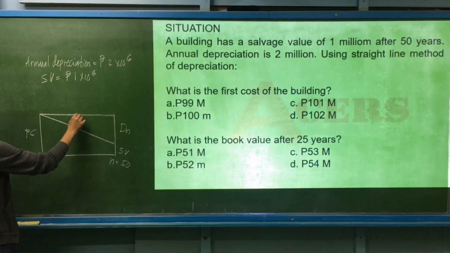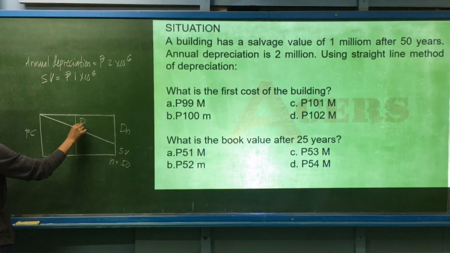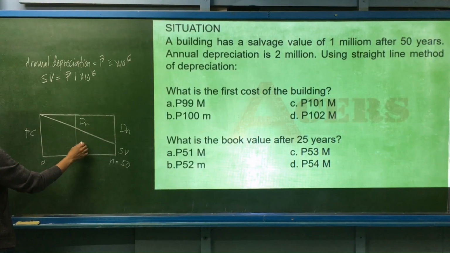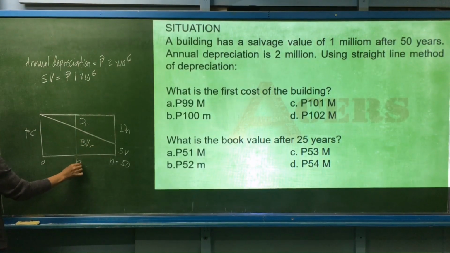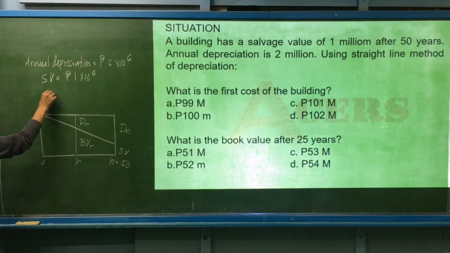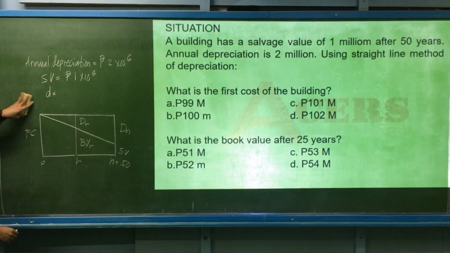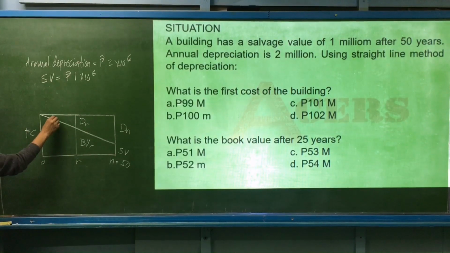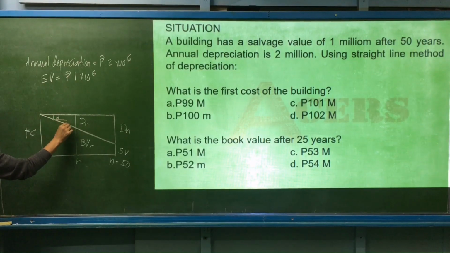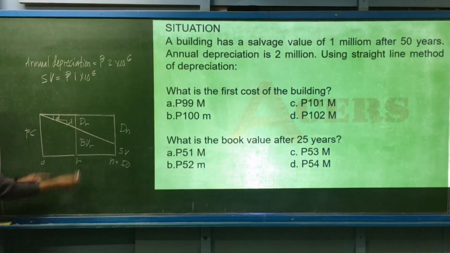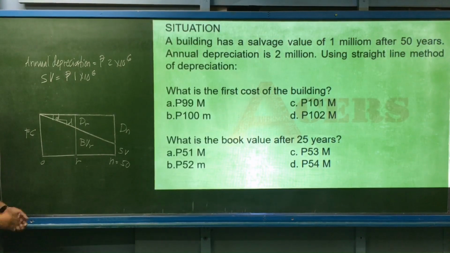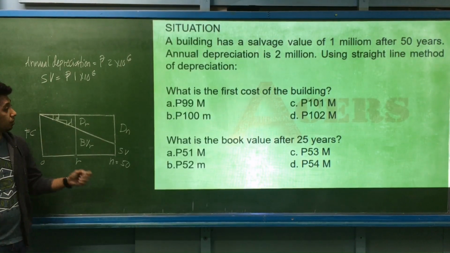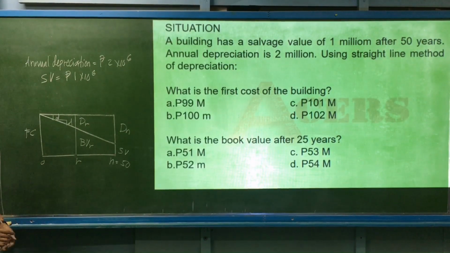So supposedly by ratio and proportion, ito yung ating d sub R, ito naman yung book value at R period. So, given yung annual depreciation, gamitin ko lang siya as small d, yung annual depreciation natin hanggang maipon yung, let's say, d sub R. So, pwede natin gawin dito para malaman natin yung first cost.